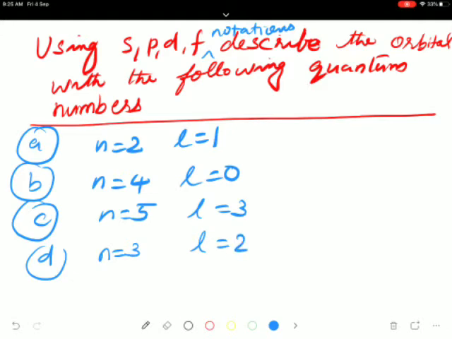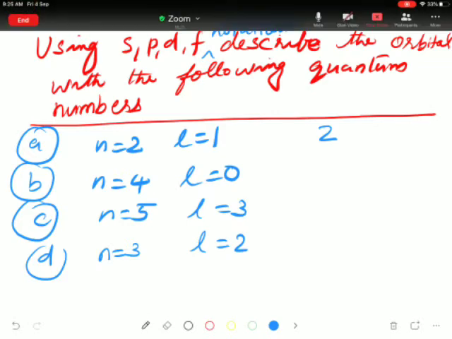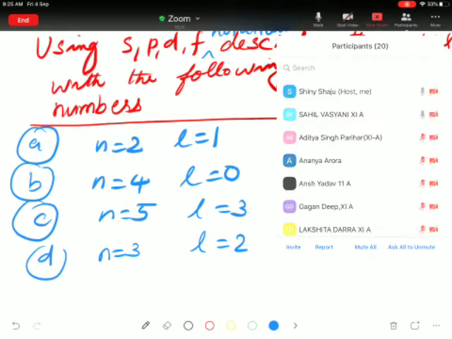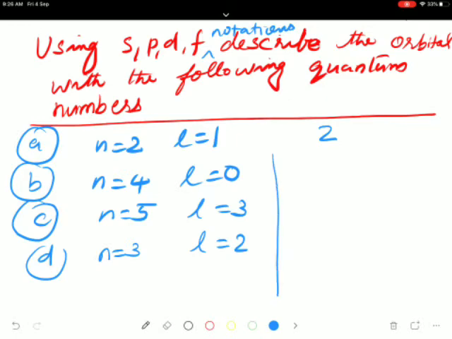Now coming to A. n is equal to 2, L is equal to 1. If it is so, which orbital is it?